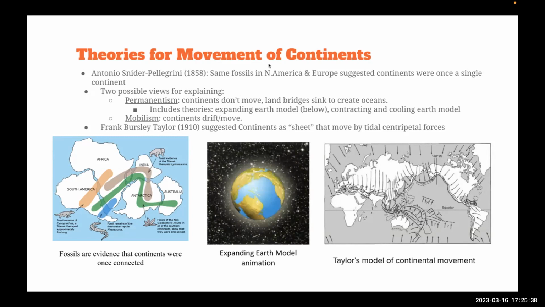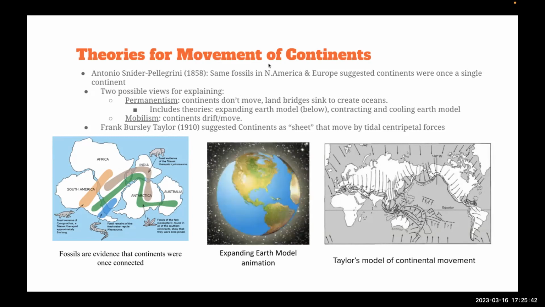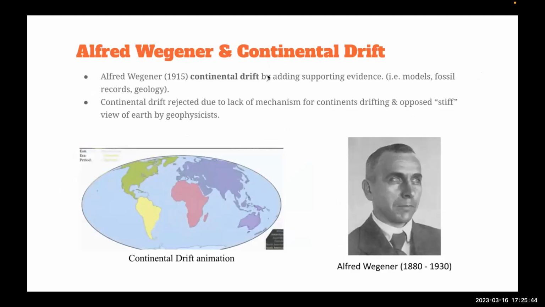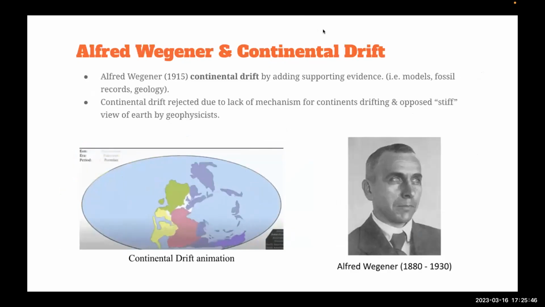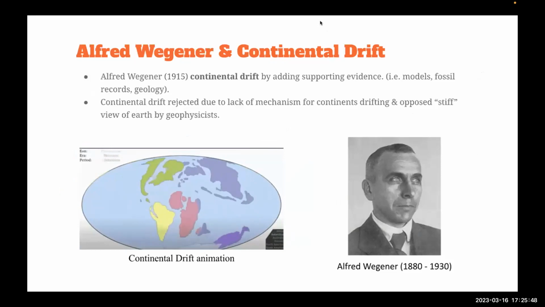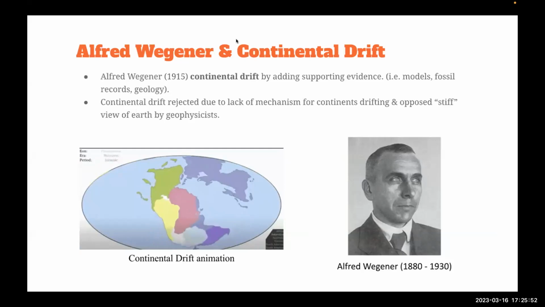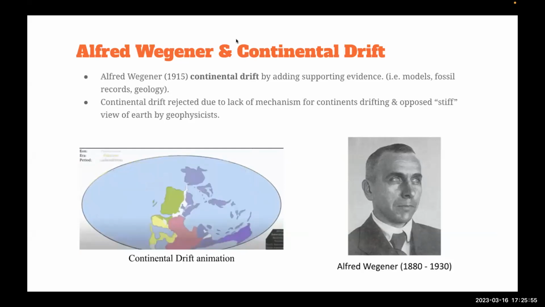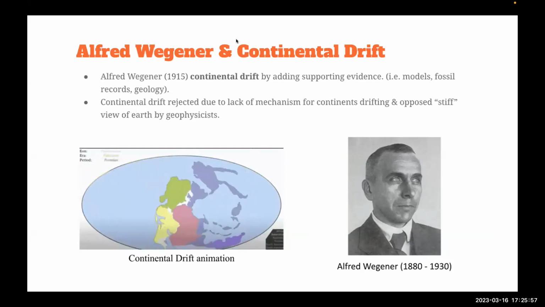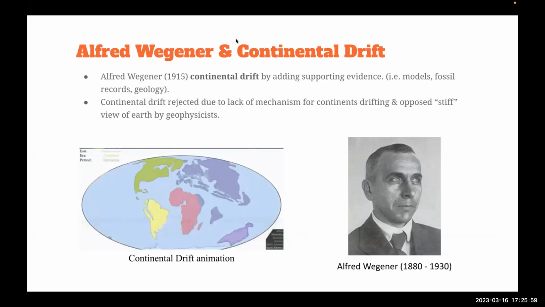So through all of this, Alfred Wegener just provided more evidence for mobilism and continental drift, but no one believed him. And the reason no one believed him is that he didn't provide the reasoning behind why continents would drift. He only provided evidence that continents were once together, but that wasn't enough for people to change their entire view on how Earth formed.